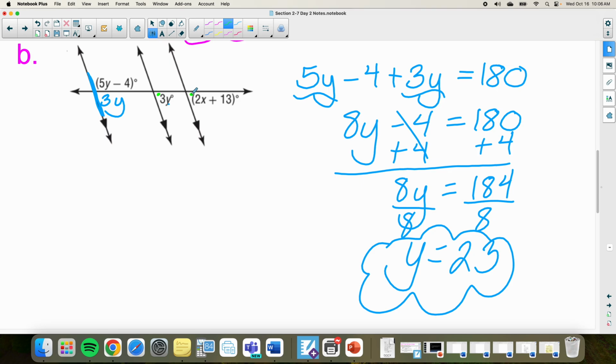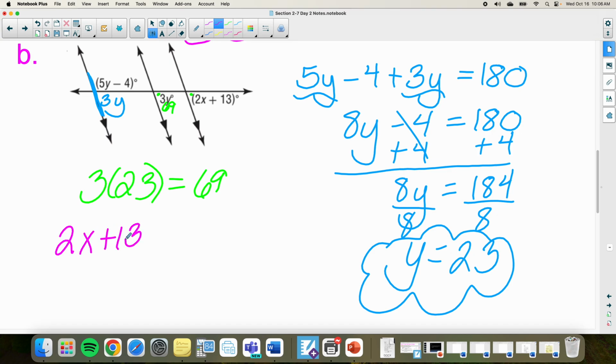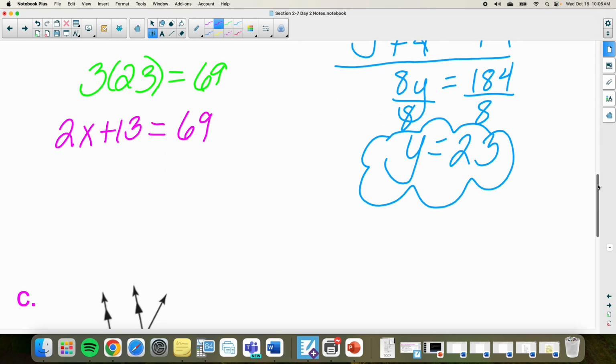If I put y in for 3y, 3 times 23 is 69, that's gonna go right here. And like Lexi said, those are corresponding, and corresponding are what? Equal or equal to 180? Equal to each other. So then what I can do is say that that 2x plus 13 right here is going to equal 69, and I can solve that for x.